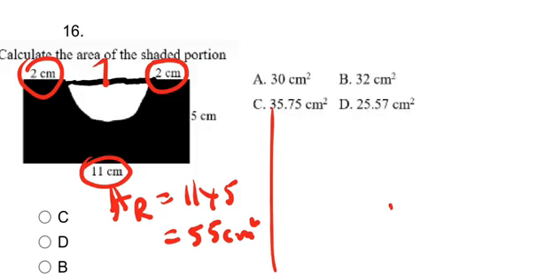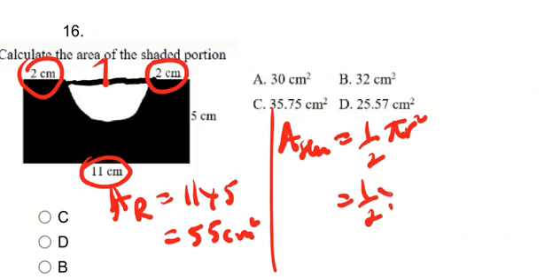So the area of a semicircle is half times the area of a circle. That means half times 22/7 times r squared, and the radius is half the diameter of 7, so 7/2 times 7/2.